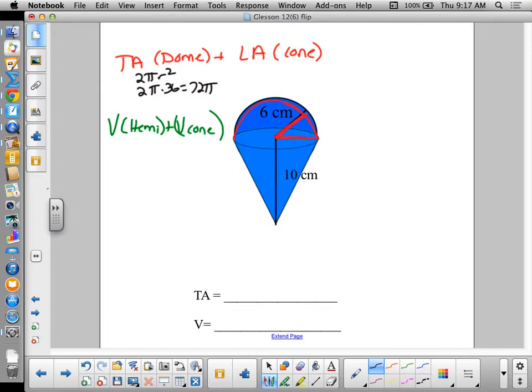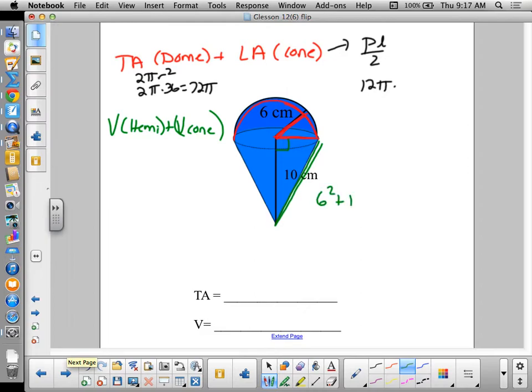The lateral area for the cone is found by the formula perimeter times slant height divided by 2. So I need the perimeter of this base, which is a circle, which would be 12 pi, times the slant height. We got a little work to do here. For the slant height, we're going to have to set up our Pythagorean theorem.